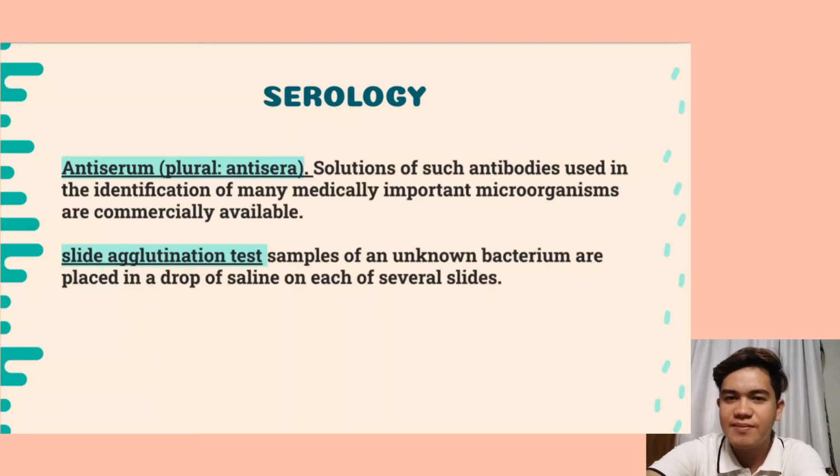Next slide please. Antiserum, or the plural, antisera, are solutions of such antibodies used in the identification of many medically important microorganisms, and are commercially available. Slide agglutination test: samples of an unknown bacterium are placed in a drop of saline on each of several slides.